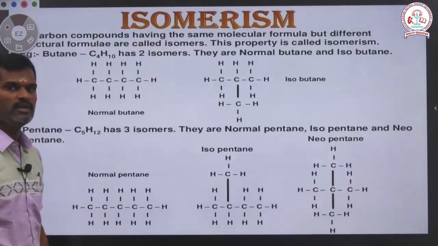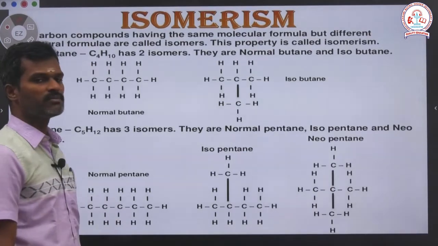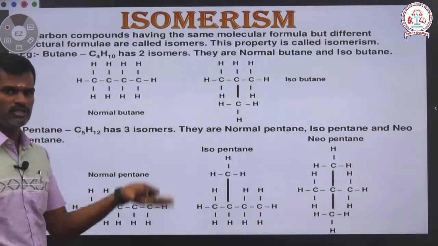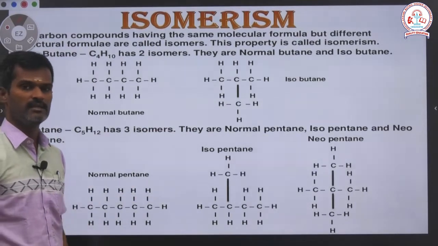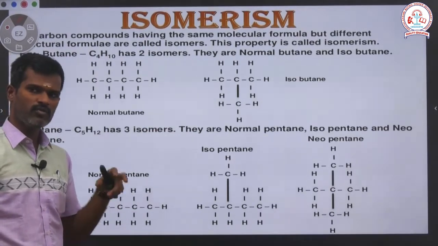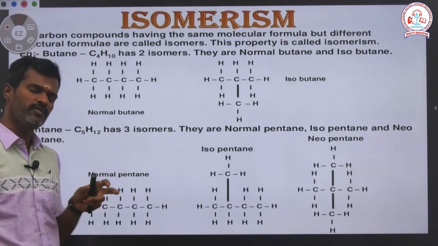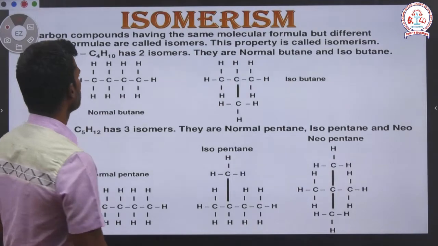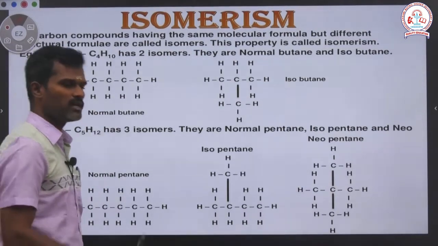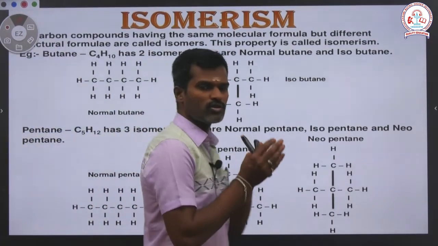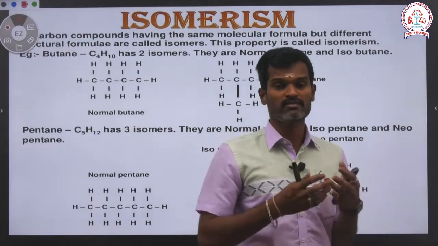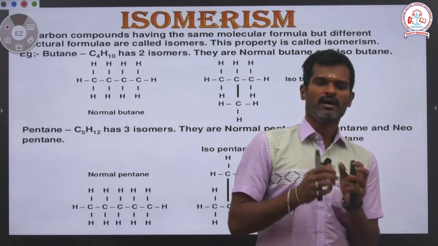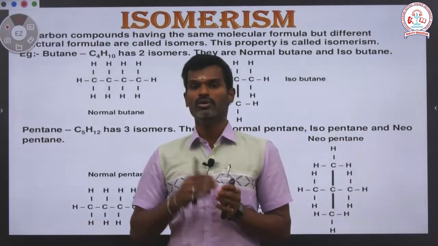Next, this phenomenon is named as isomerism. We have now seen linear chain, branched chain and cyclic, and all of them were identified by one phenomenon, and this is named as isomerism. Isomerism is nothing but compounds whose molecular formulas are the same, but the structural arrangements are entirely different from each other, and the physical and chemical properties also change.